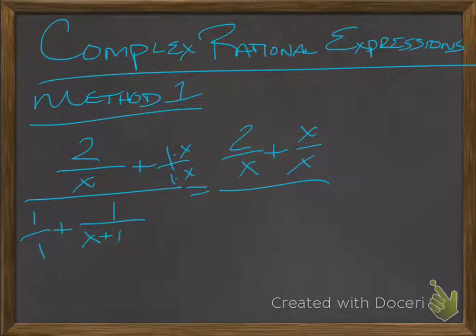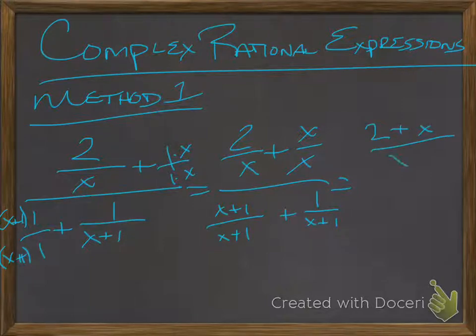This is really 1 over 1, but I'm going to multiply by x plus 1 to both numerator and denominator, and that becomes x plus 1 over x plus 1 plus 1 over x plus 1. And then I can combine them. So this becomes 2 plus x over x divided by x plus 1 over x plus 1.